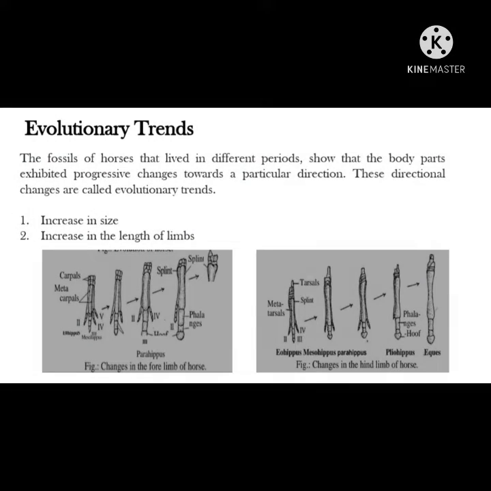The fossils of horses that lived in different periods show that the body parts exhibit progressive changes towards a particular direction. These are called evolutionary trends.